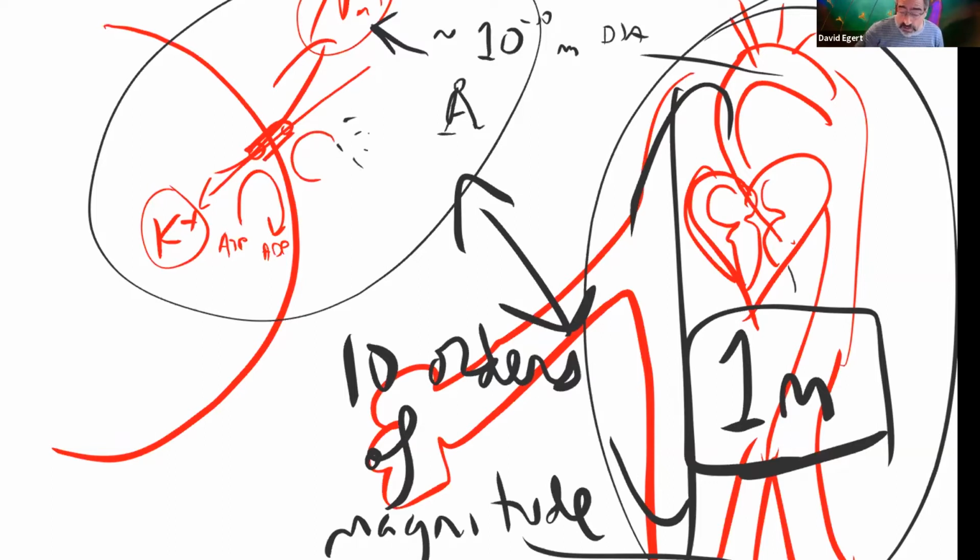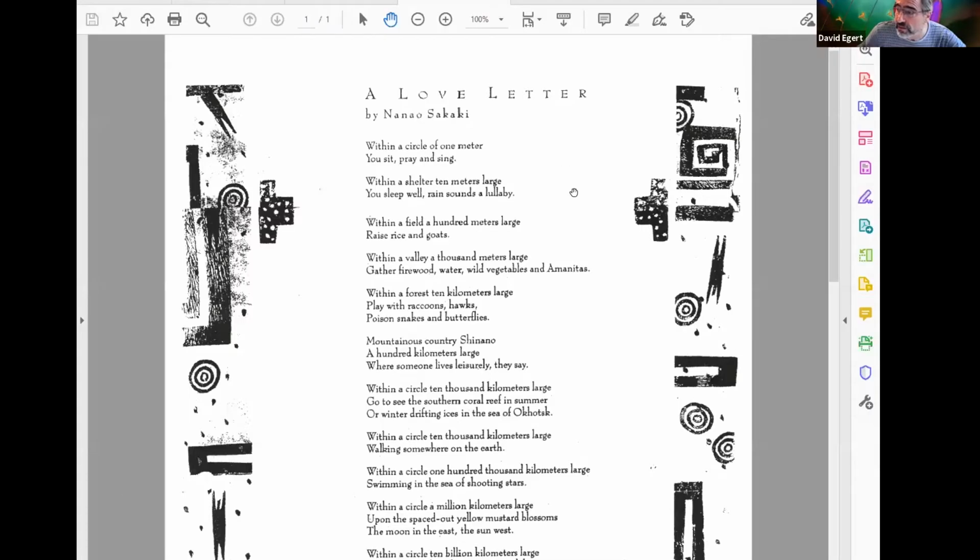Like in my mind, getting dinky is really not intuitive, but getting bigger is easier for me to visualize. So there's a poem that I think is a pretty poem, and it talks about orders of magnitude, and I think it's worth going over just because it's giving you a sense of how radically different.